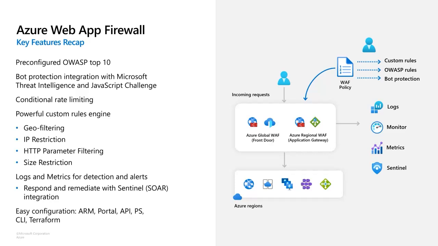If you are the kind of person that uses the portal, you can do everything from the portal. If you are the kind of person that uses CI/CD, like Terraform or PowerShell scripts or CLI, whatever, you can use. We do have integration. We can do a lot of configuration through APIs, PowerShell, CLI, and Terraform.